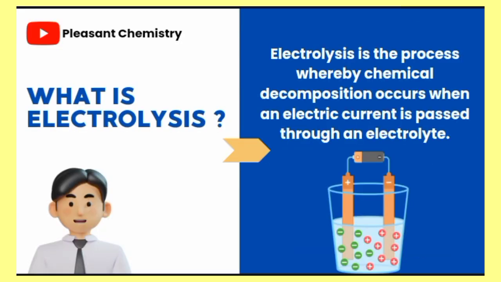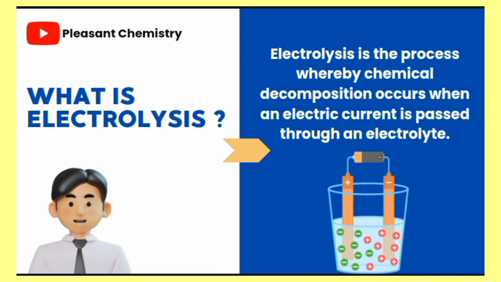All right, let's move. What is electrolysis? Electrolysis is a process whereby chemical decomposition occurs. Know that word, chemical decomposition. Chemical decomposition occurs when an electric current is passed through an electrolyte. So the electrolyte is the chemical that is decomposed.